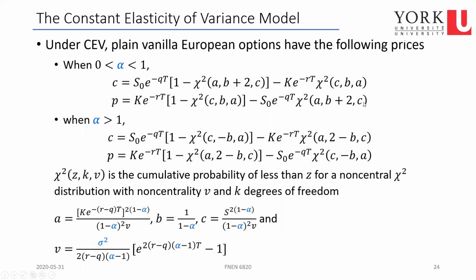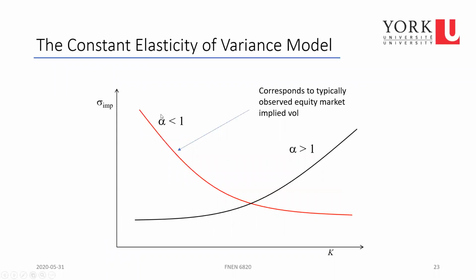But if you have the closed form solution, you can use the prices observed from the market to calculate some of the implied parameters. For example, the key parameter you need to know is the actual alpha value. You know it's greater than 0 and less than 1, but what exactly is that value?